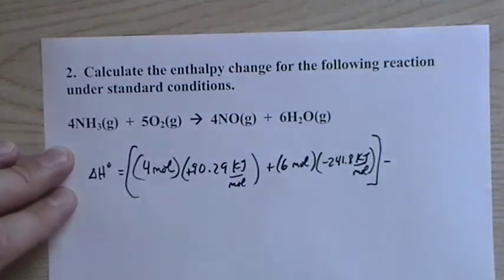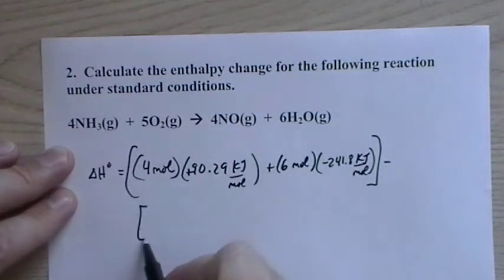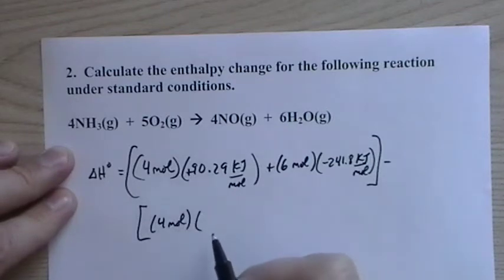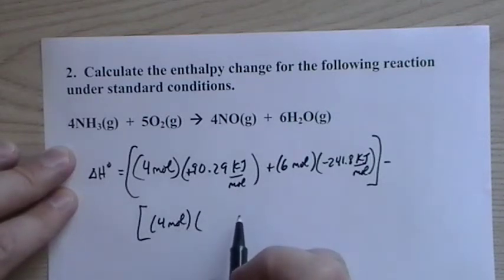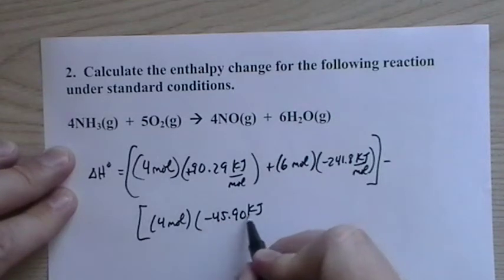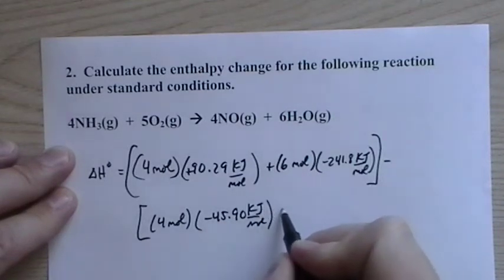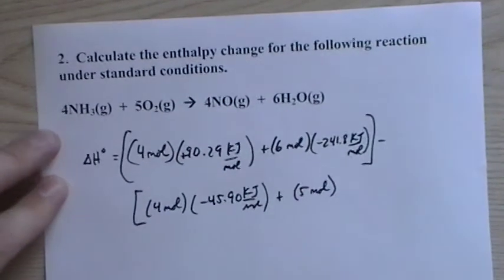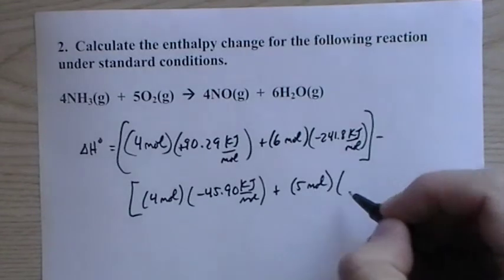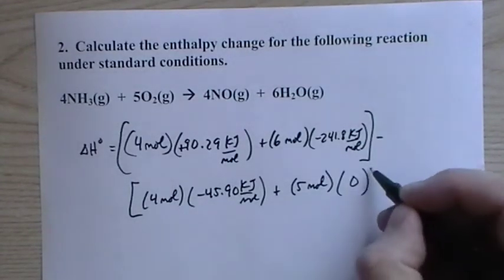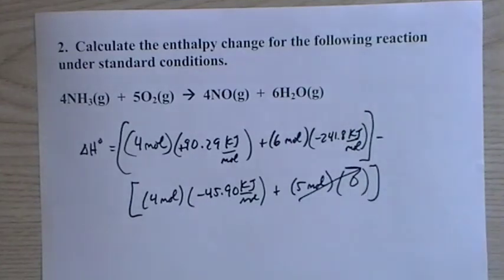And then we subtract. I'm just going to bring it down here. I was going to do a shortcut, but let's write everything out. Ammonia is minus 45.9 kilojoules per mole, plus 5 moles, and this is oxygen in gaseous form, so this is 0. So really, this term doesn't even have to be put in there.